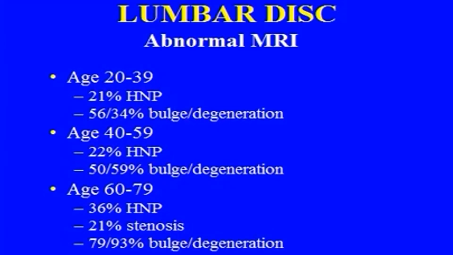Age 40 to 59, 22% have herniated nucleus pulposus, and 50 to 59% have degeneration. And from age 60 to 79, 36% have a herniated nucleus pulposus, 21% have stenosis, and over 93% have a bulge and degeneration.